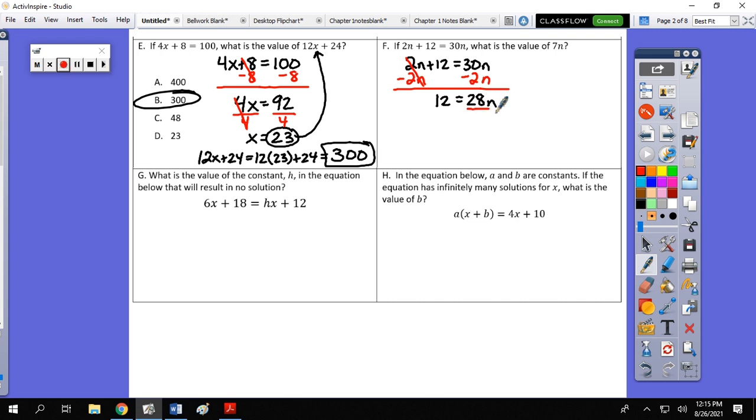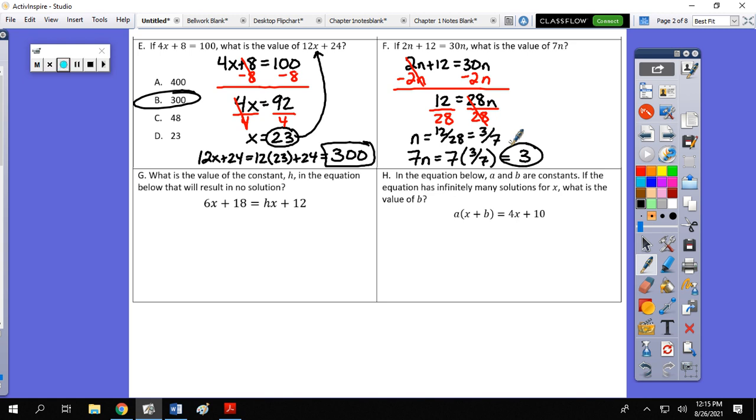Then to get n by itself, we divide by 28, which gives us that n is 12 over 28, which is a fraction, and does reduce to 3 over 7. If n is 3 over 7, then 7 times n would be 7 times 3 over 7, which would be 3.